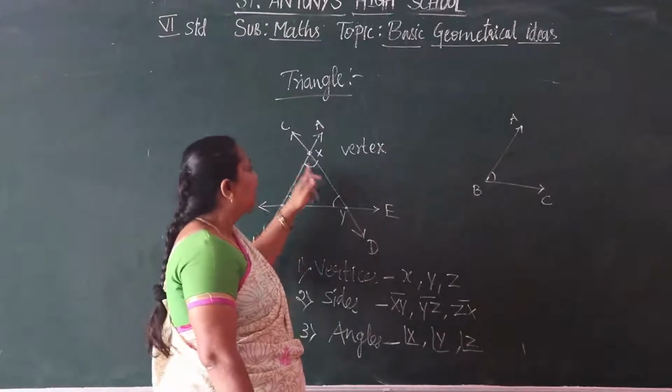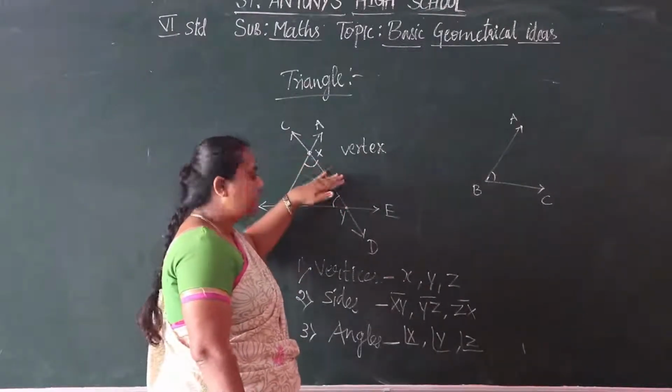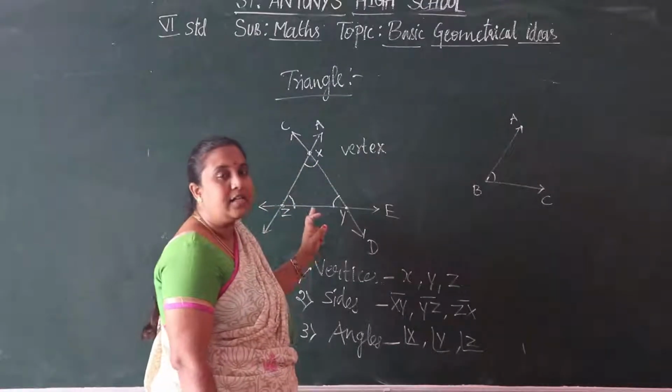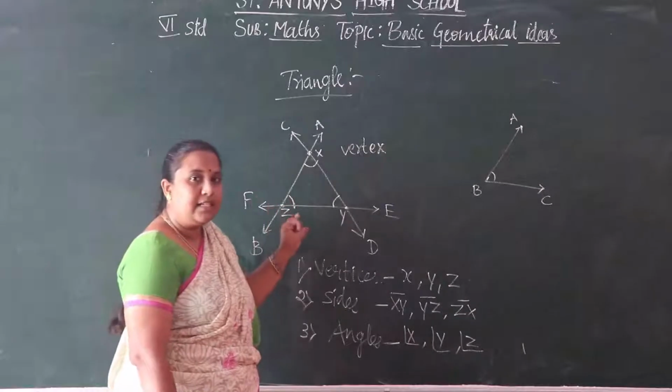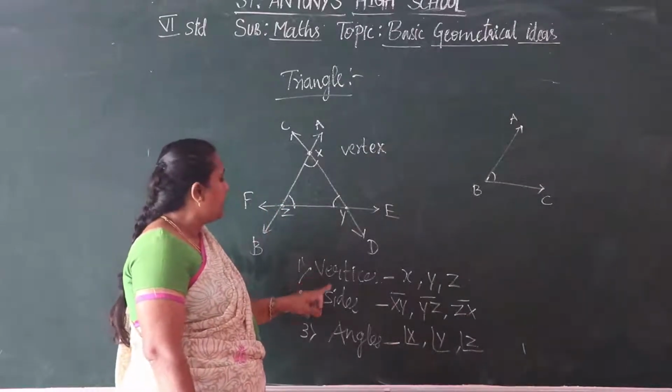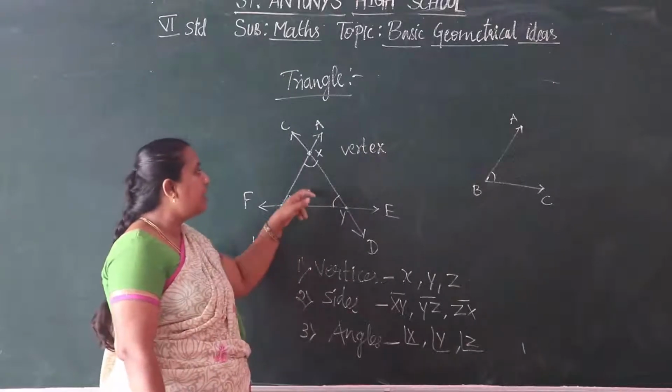And what are the parts of the triangle? Vertices, sides and angles. What are those angles in this?